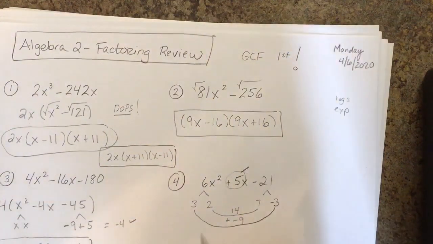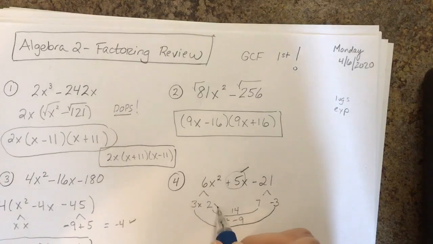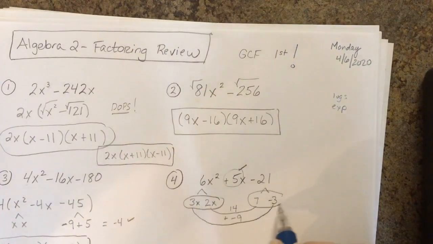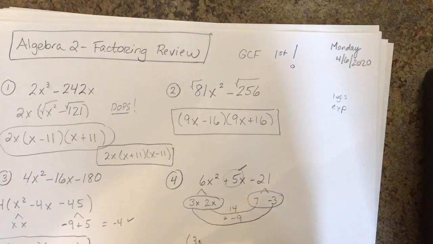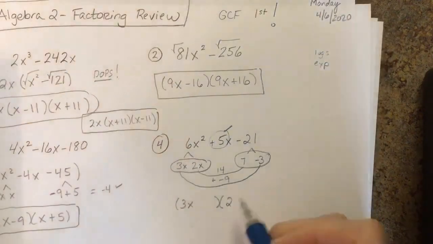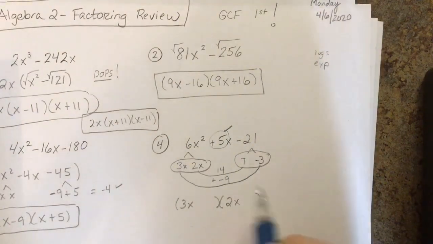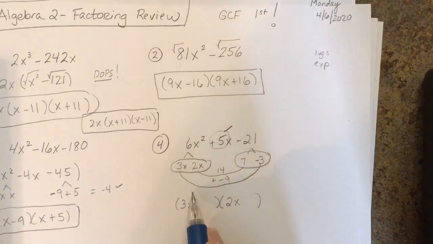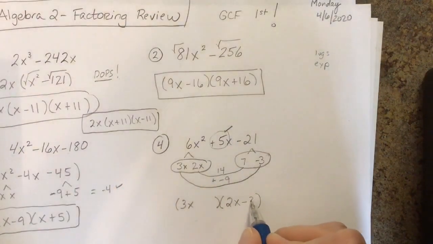Check. So your 3 gets an x and your 2 gets an x. Right. And what goes with the 3x? Well, initially we paired 3 with the negative 3 to get the negative 9. So that means they're not in the same factor.